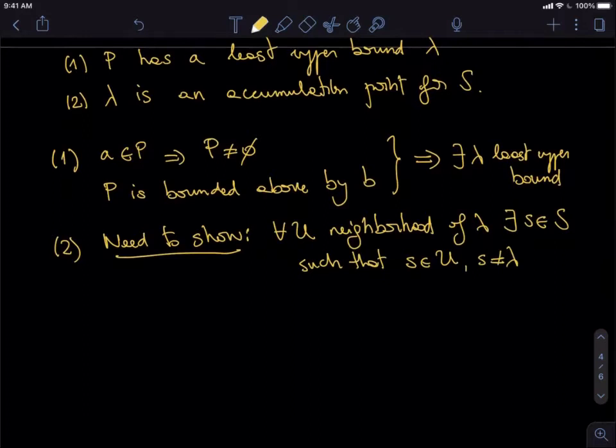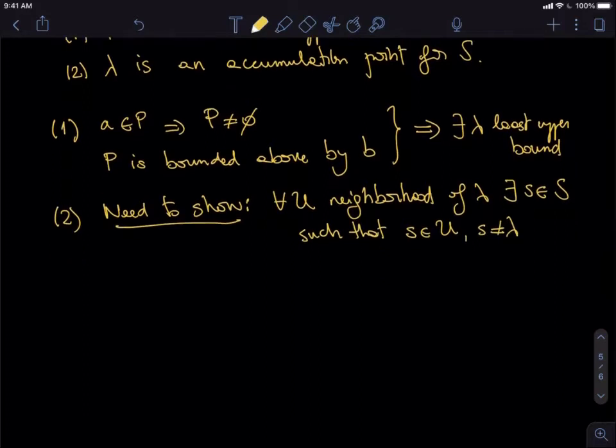If we want to write this down in terms of intervals, we need to show that there exists s in the set S such that the distance between lambda and s, which is given by the absolute value of the difference, is less than a small positive number epsilon.